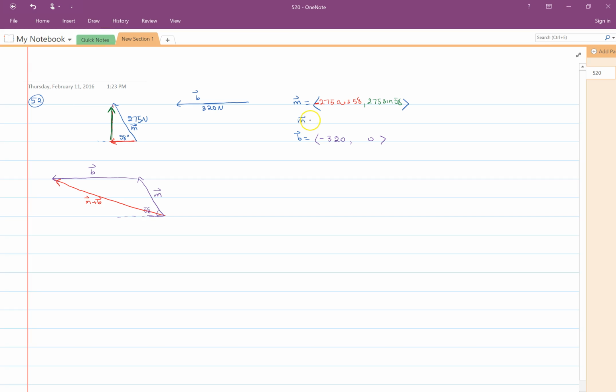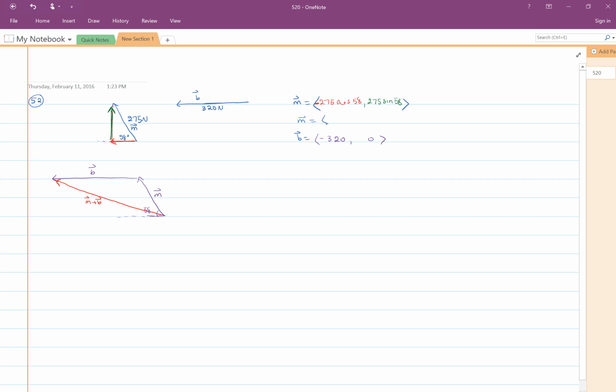How much are these components? So we have negative 275 cosine of 58. How much is that? Anybody? We have to be in degrees.